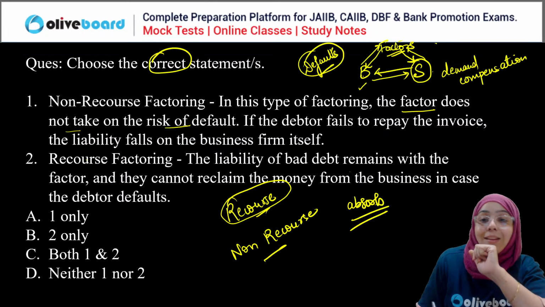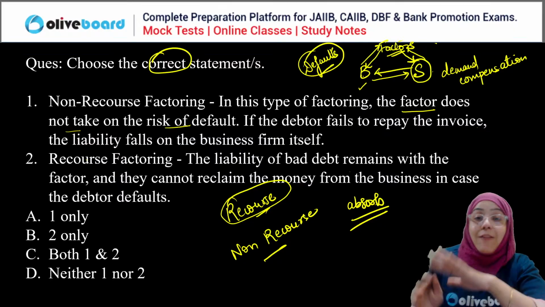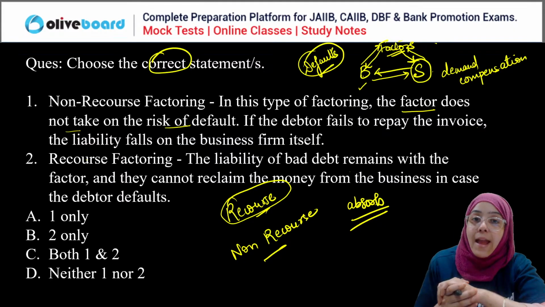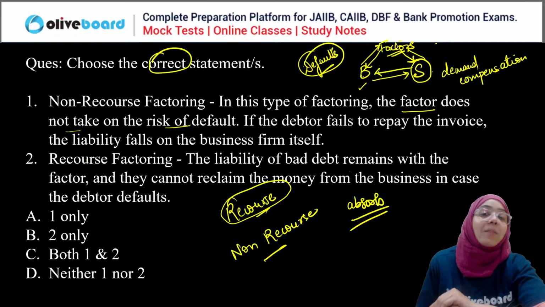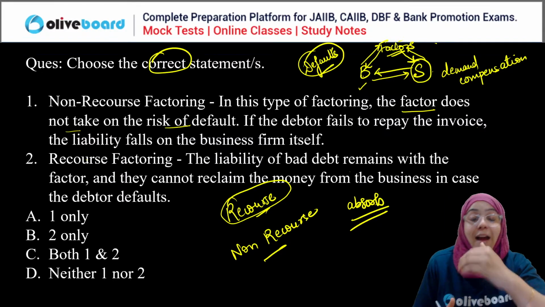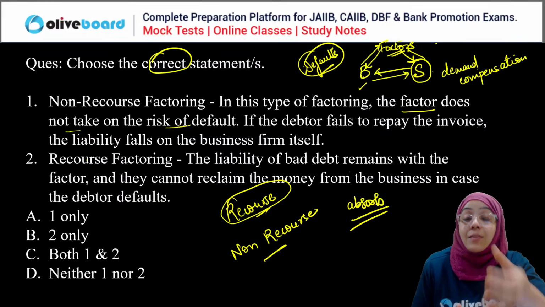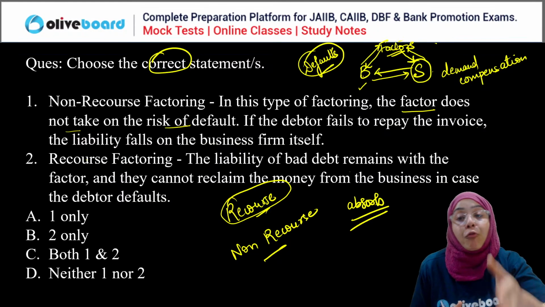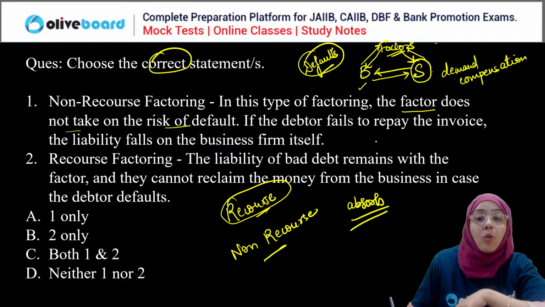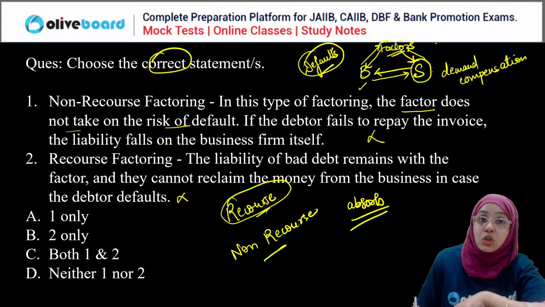So in non-recourse factoring, the factor has to absorb all the loss, and they cannot reclaim the money from the seller or from the firm. Whereas in recourse, the factor doesn't have to absorb the loss, they can demand repayment from the seller. Now, both the statements are wrong because the statements are interchanged.